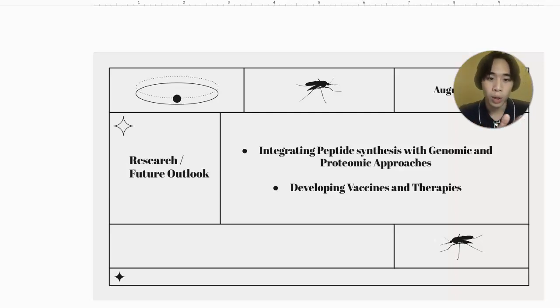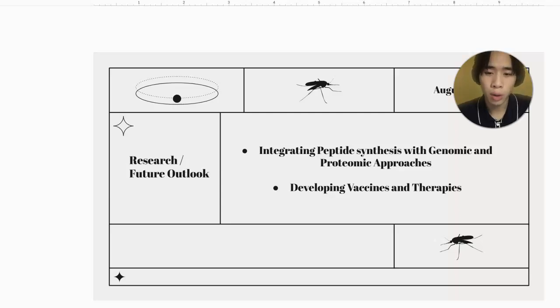So, what is the research and future outlook of triple E? It's looking bright. There's hope for triple E. I saw on this Canadian site, integrating peptide synthesis with genomic and proteomic approaches. So, what does that even mean?